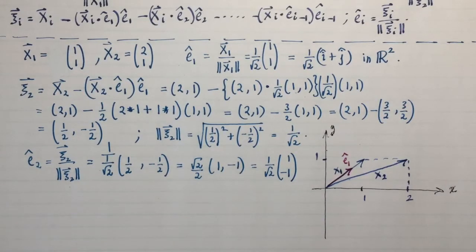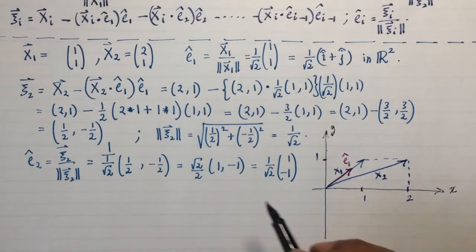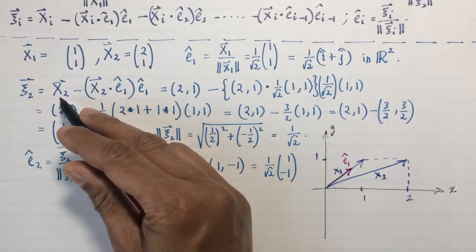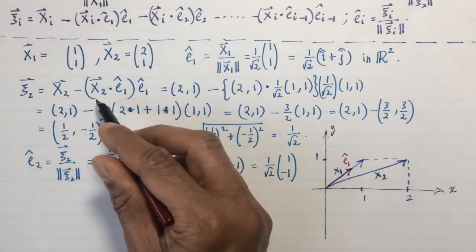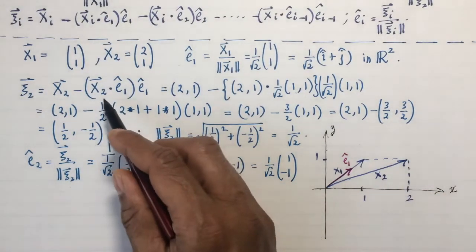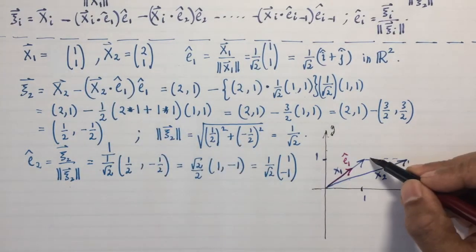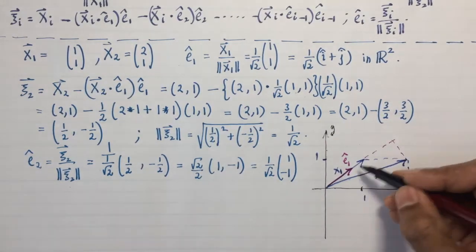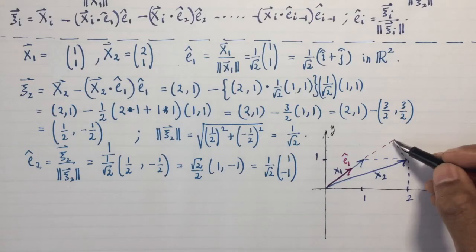Okay. Now let's find out what this is. I have taken x2 dotted with E1. x2 dotted with E1 merely refers to the component of x2 in the direction of E1 times E1.